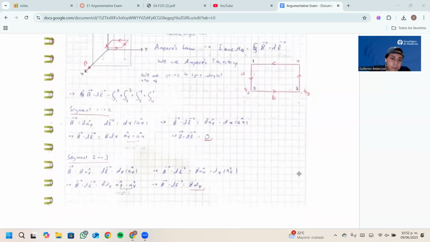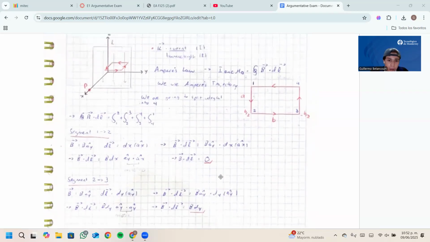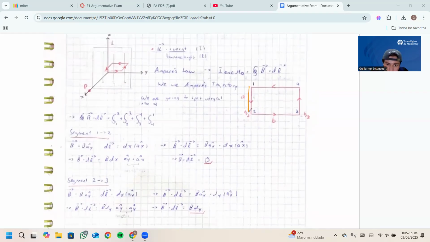So in segment 1 to 2, we know the magnetic field, and the differential of length, as we can see here, is this part. It is the differential of x in the x direction, so we can make the dot product. And because the vector y and the vector x are perpendicular, this is going to be 0.